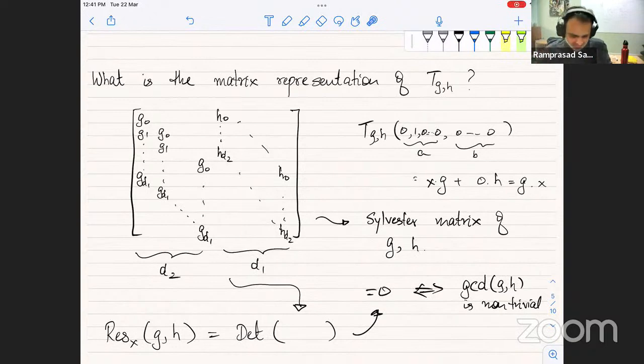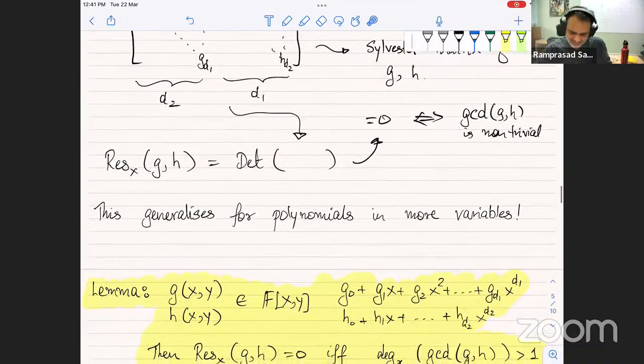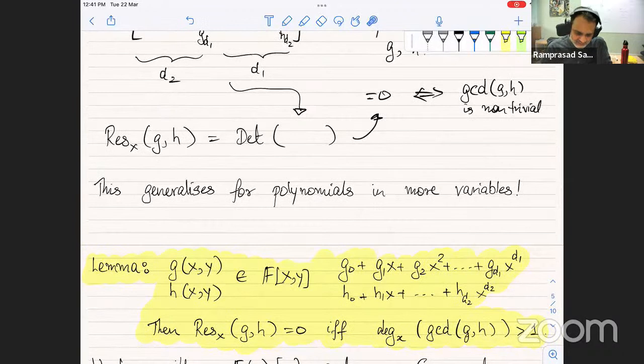And here is the real kicker, which is that you can now generalize this over more variables. Okay, so here is the more general statement. Suppose now your polynomials were bivariate instead of univariate.